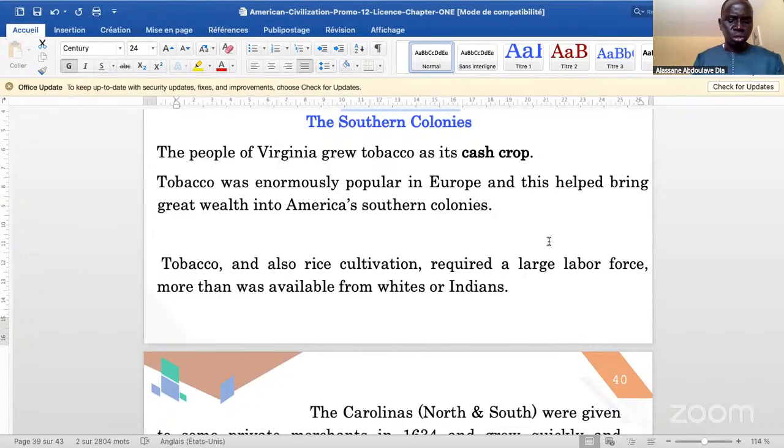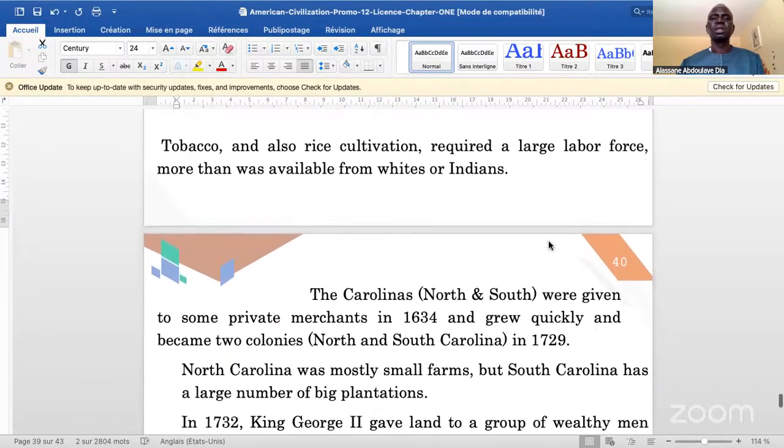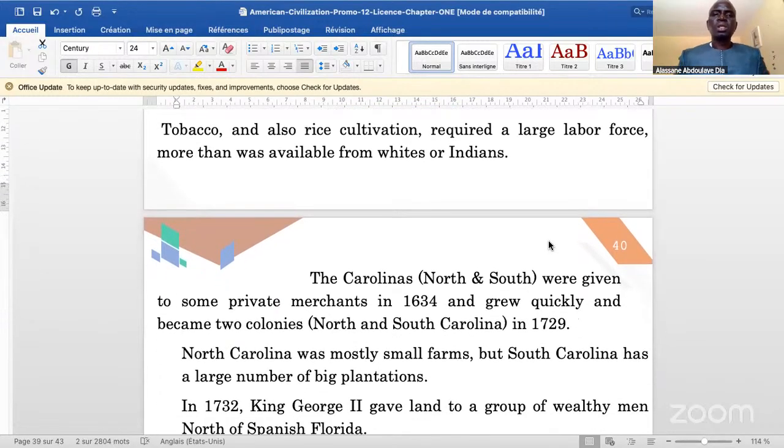So they used agriculture, the fact of growing tobacco, in the southern colonies of America. So what was the result? Tobacco and also rice cultivation required a large labor force, more than was available from whites and Indians.